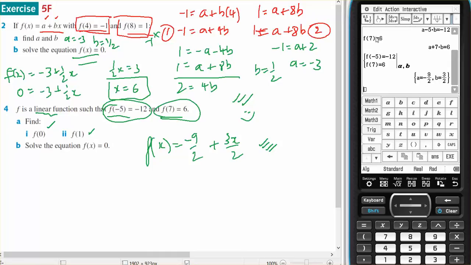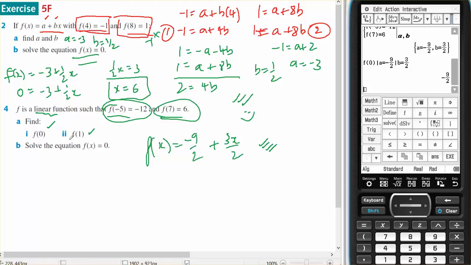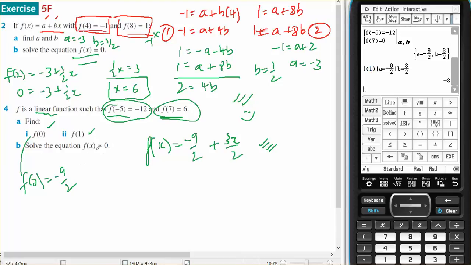So if I take f of 0, Math 3, given a equals -9 on 2 and also given b equals 3 on 2, that tells me that f of 0 equals negative 9 on 2. And f of 1 is negative 3.